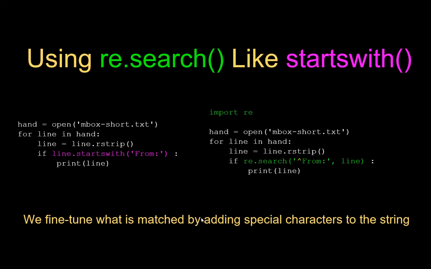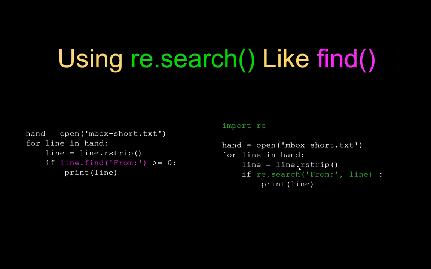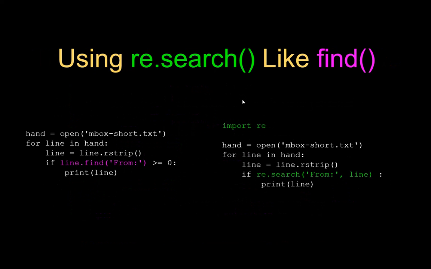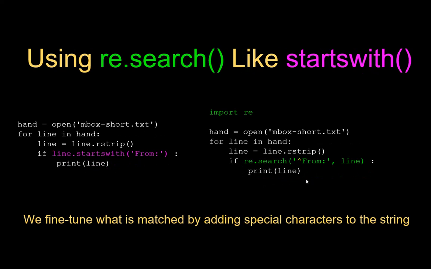Now we're going to do some fine tuning. We added this caret, and if we go back to our cheat sheet, it matches the beginning of a line. So if the line starts with From with a capital F, then we will print that line.